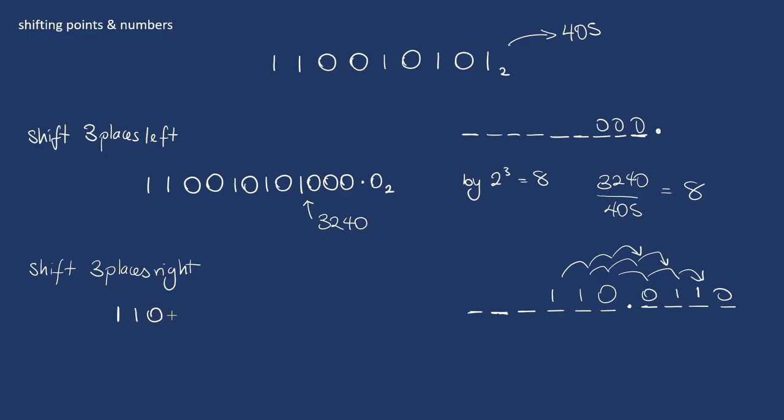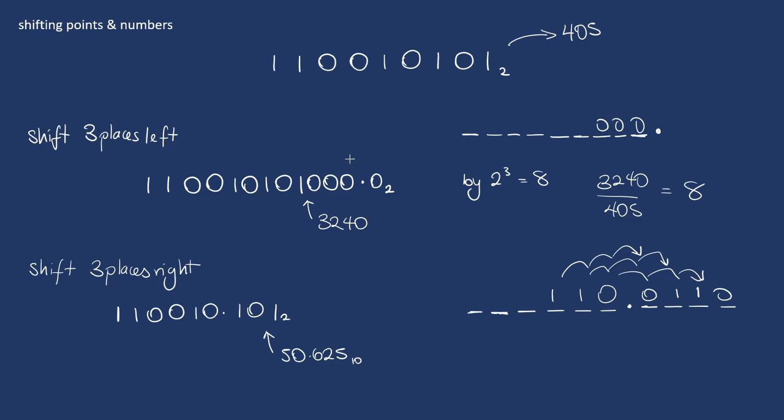So that's going to be 1100.101, so 110010.101 in base 2. If you want to check, this is going to give you 50.625 in base 10.